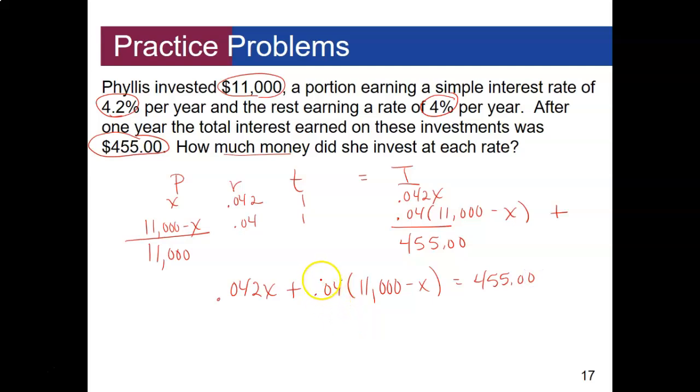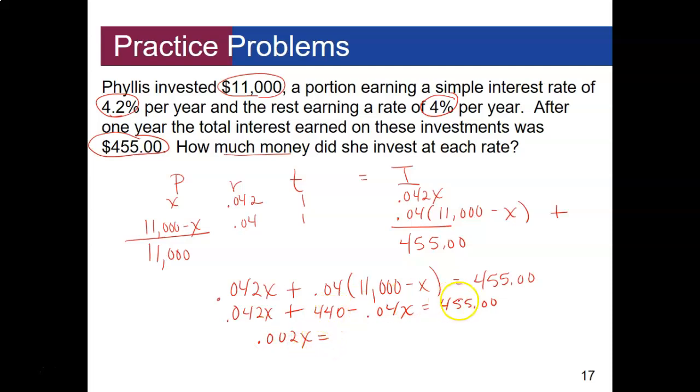Okay, so I'm ready to solve this. I will go ahead and distribute through here. When I distribute, that's going to give me 440 minus 0.04x equals 455. So we'll combine our x's together. If I subtract this minus this, I get 0.002x.